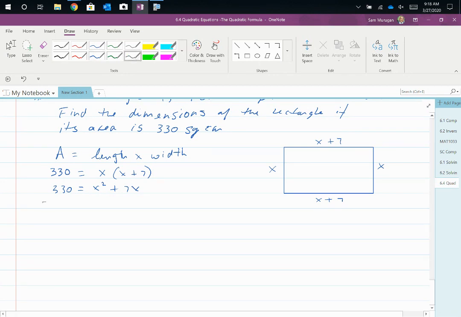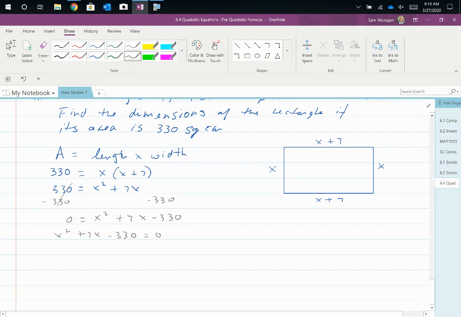Then taking away 330 from both sides, we've got 0 is equal to x squared plus 7x minus 330. This looks a little clumsy, so we're going to flip it around and put the 0 on the right hand side.